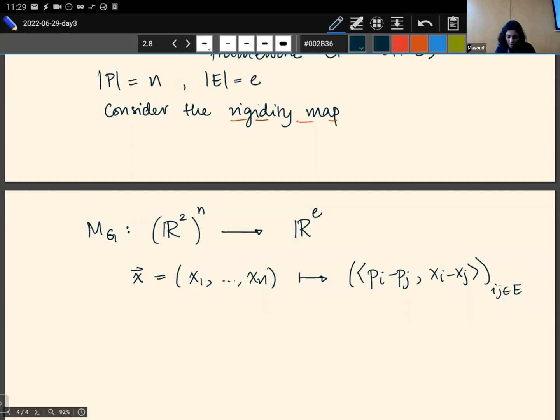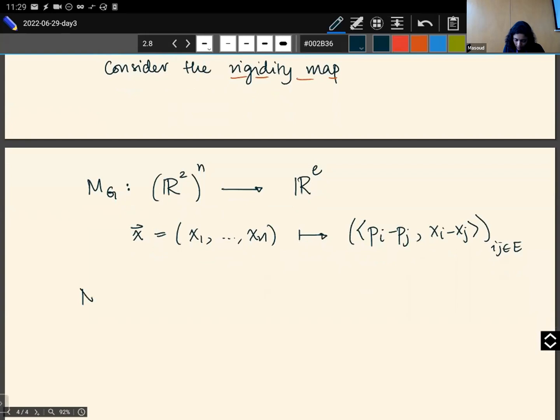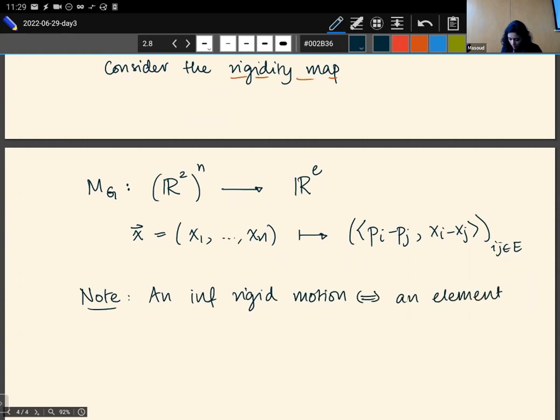So note that an infinitesimal rigid motion is precisely an element of the kernel. Is everyone happy with this?